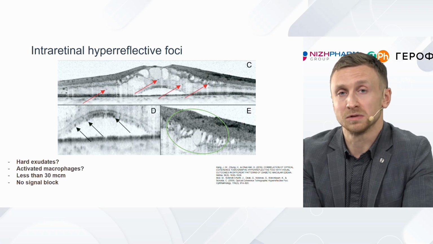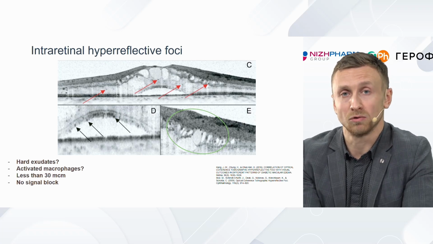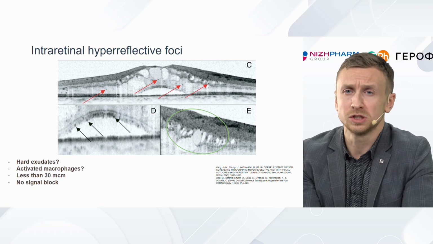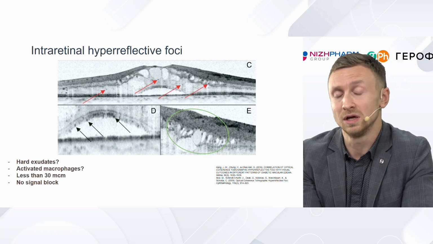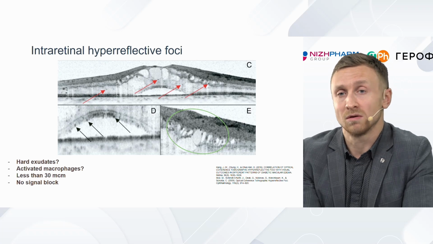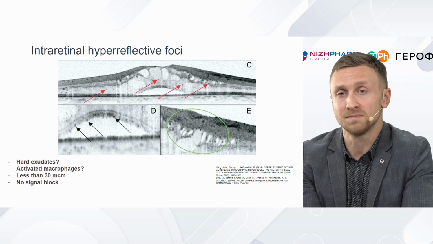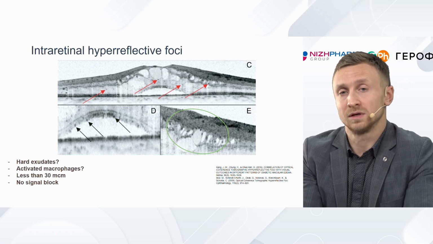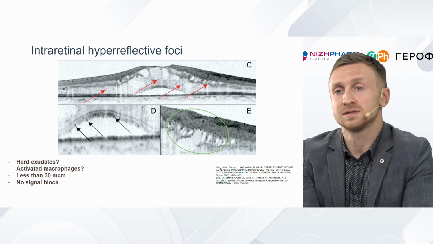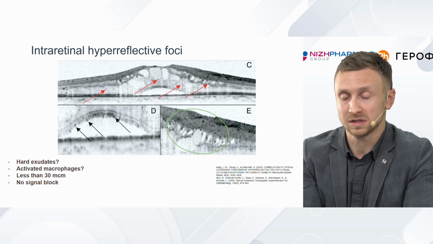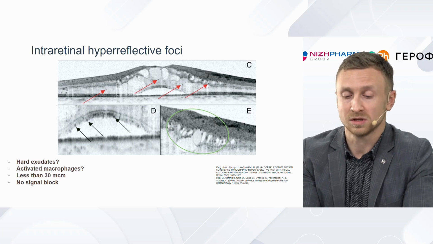And very frequently, speaking about the activity of inflammation, within OCT phenomena we hear about so-called intraretinal hyperreflective foci, and they, as it is believed, reflect the activated macrophages. So these are minor inclusions without tracks, without shadows behind, as you can appreciate here.